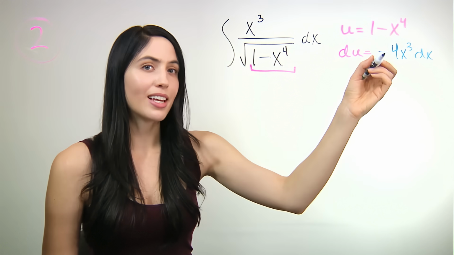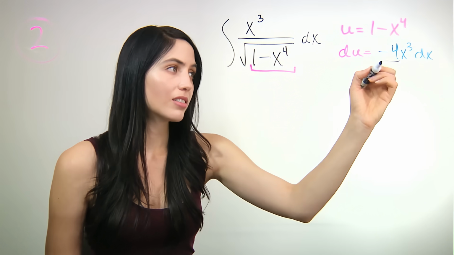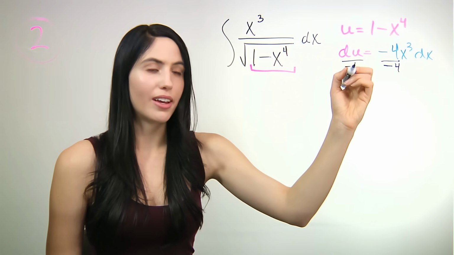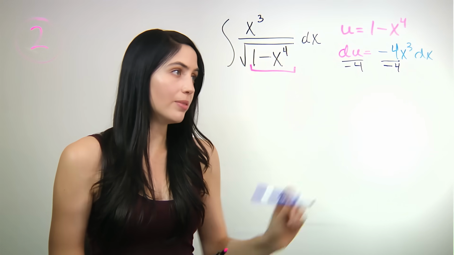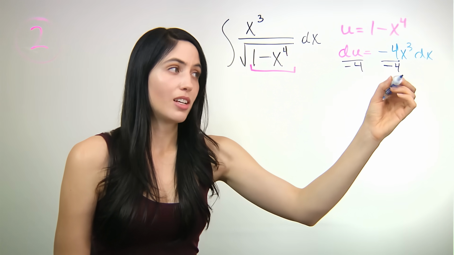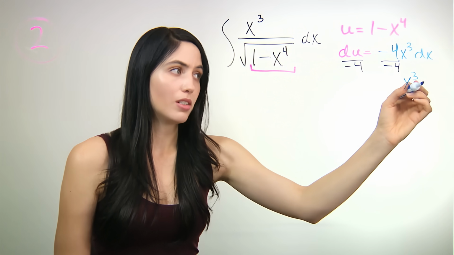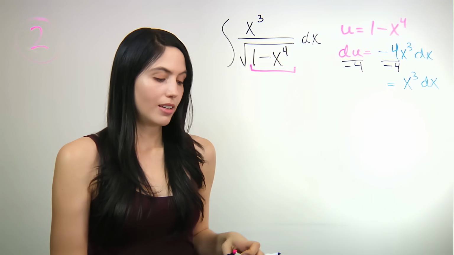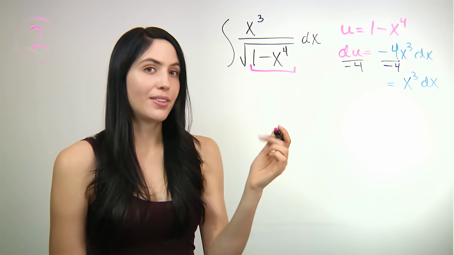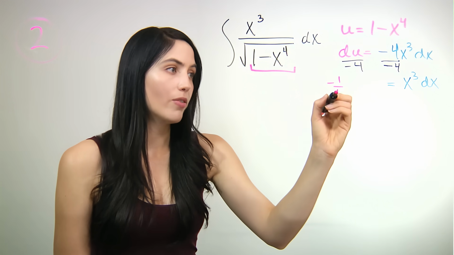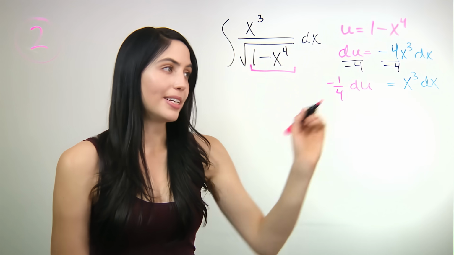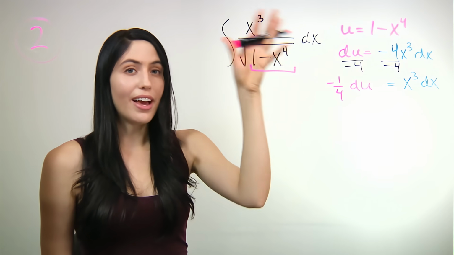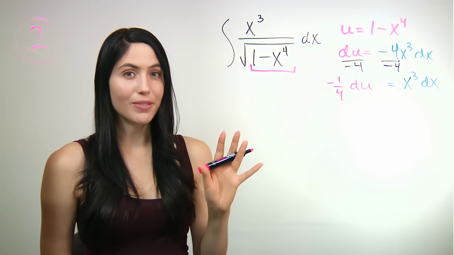You don't want the negative sign or the 4, so divide out -4 from both sides. And what you have left over is what you want, just x cubed dx on one side. And on the other side, you have -1/4 du. Now you're ready to do the next step, to substitute everything in terms of u and du.